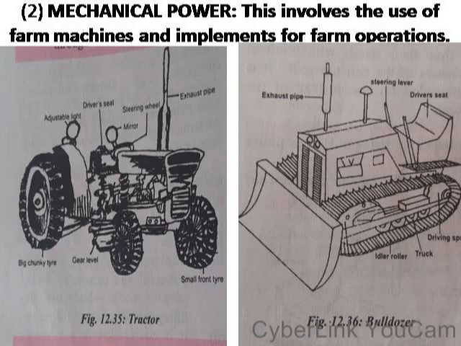Number two is mechanical power. This involves the use of farm machines and implements for farm operations. Like on the screen you are seeing, here is a tractor. The tractor can do the work of plowing and ridging when the right implement such as the ridger or the plow is attached to the tractor, and this will be controlled by the tractor operator.